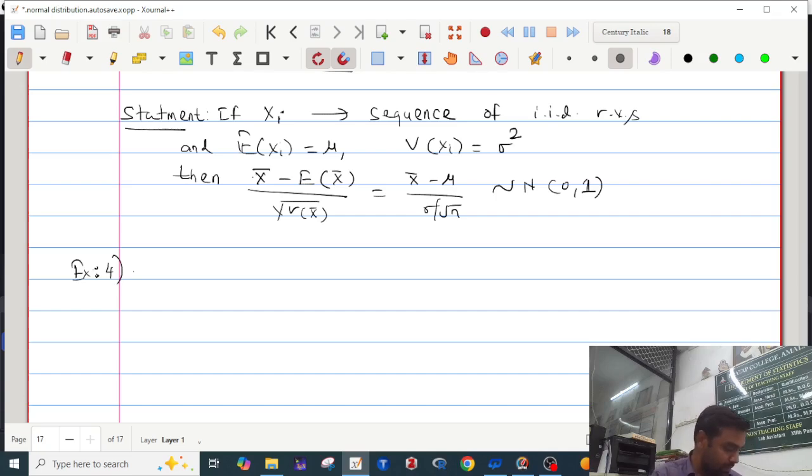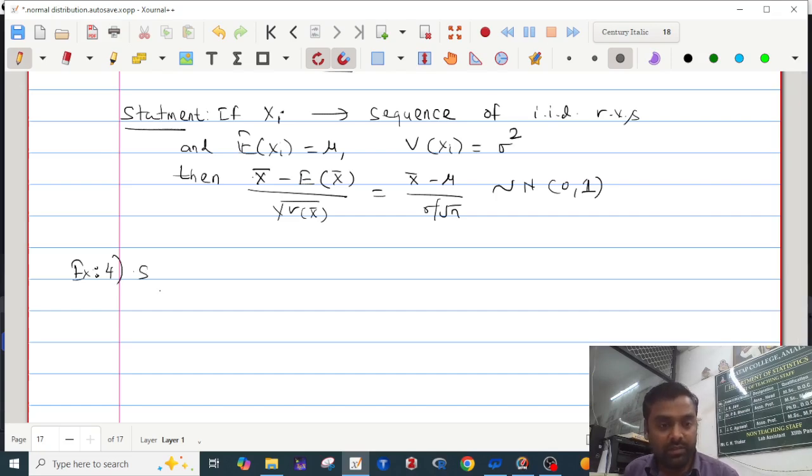Let's solve an example based on central limit theorem. Okay. Let's take another example. Here, suppose heights of soldier follows.